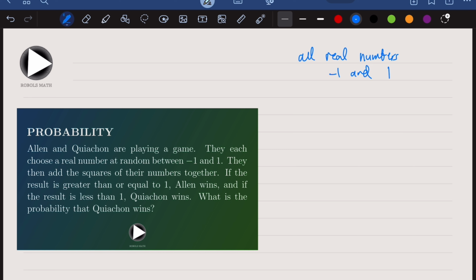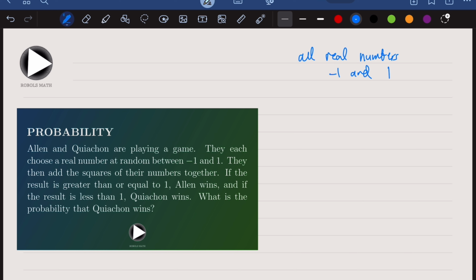This variable is known as continuous. There are infinitely many numbers between -1 and 1, and we cannot count them for the purposes of finding the probability. In this type of problem, the general solution is what we call geometric probability.